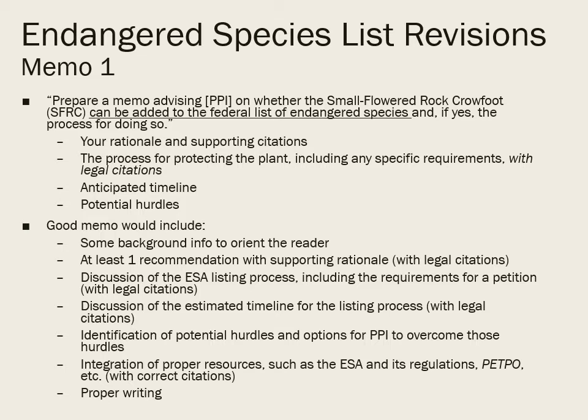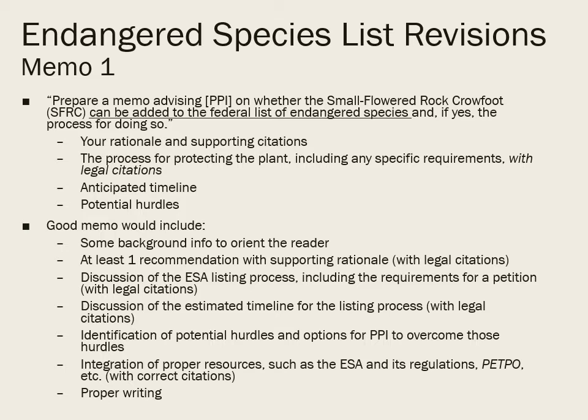So a good memo would include several items. The first is enough background information to orient the reader. Second, an actual recommendation. You must have recommended at least one course of action to PPI, and you must have supported that recommendation with citations to the Endangered Species Act and/or its regulations.